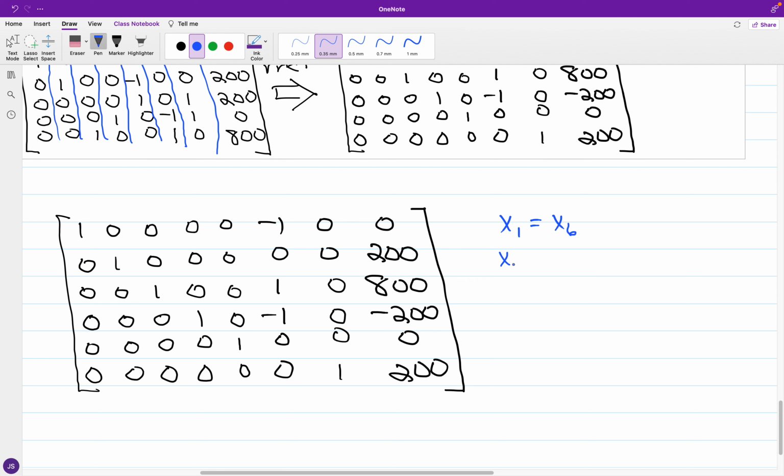Next row we have x of 2, and that's going to be equal to 200. And x of 3 is going to be equal to 800 minus x of 6. And x of 4 is going to be equal to negative 200 plus x of 6. Next in line, x of 5 is equal to 0.